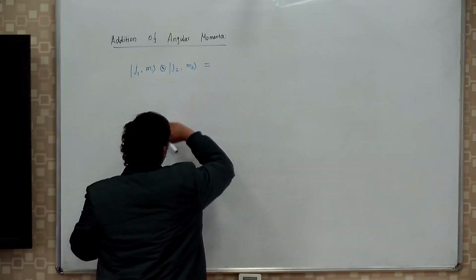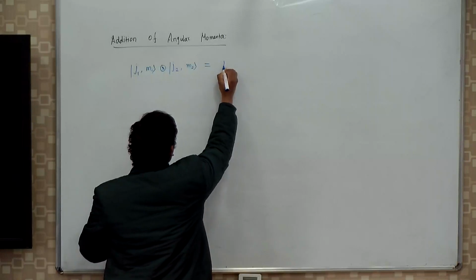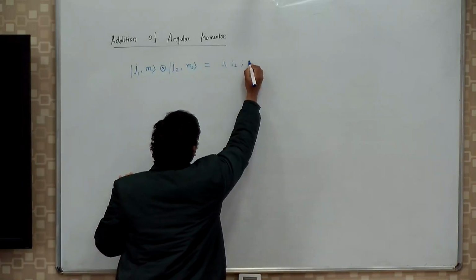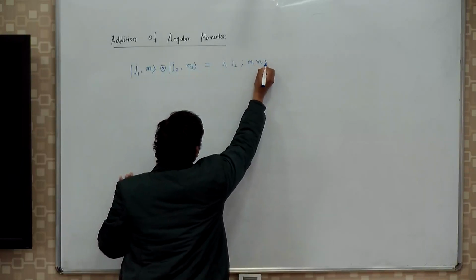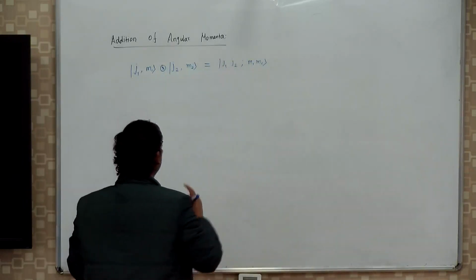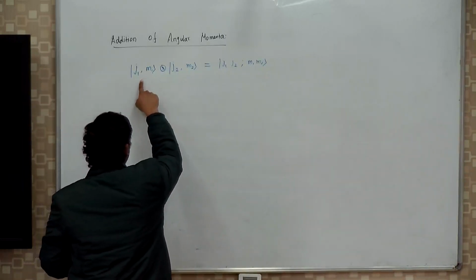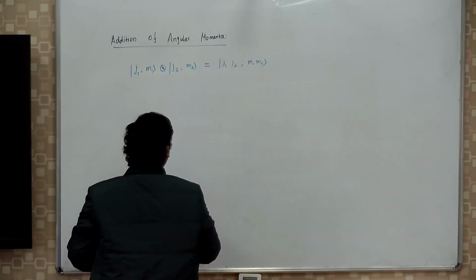If we write the combined state vector, then J1 J2 M1 M2 is the terminology for writing the combined state vector of Hilbert subspaces H1 as well as H2.